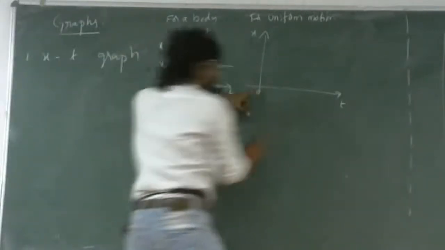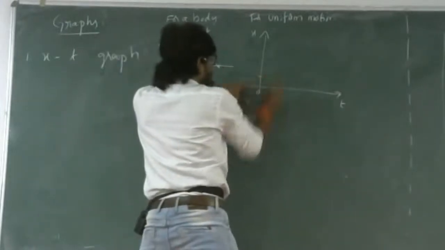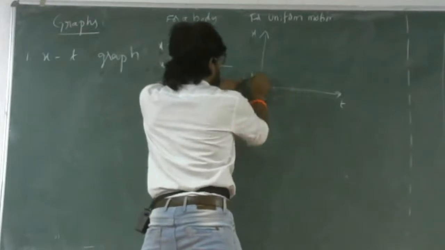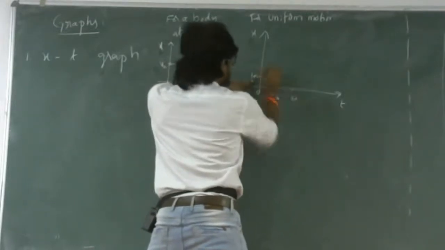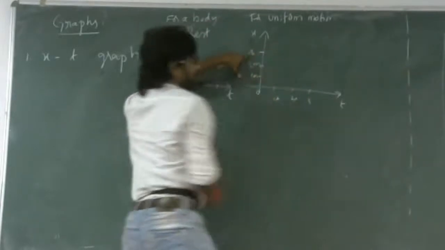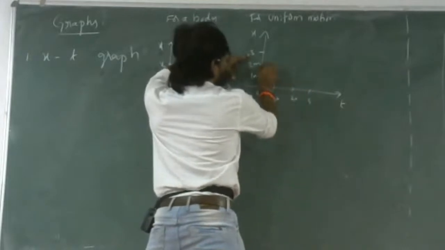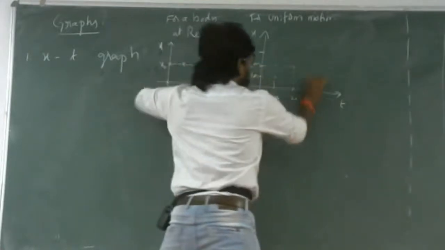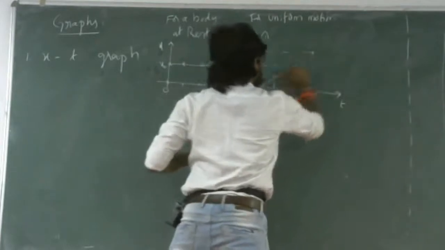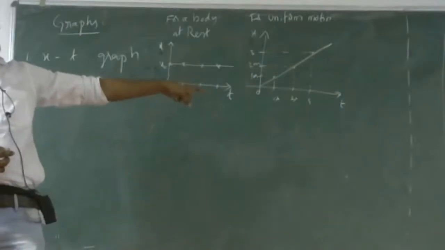If it starts at t equal to 0 from the origin, after 1 second it covers 1 meter, after 2 seconds 2 meters, after 3 seconds 3 meters. If it covers equal distances like that, then marking the points of intersection and joining them, you get a straight line. This already I have discussed, right?